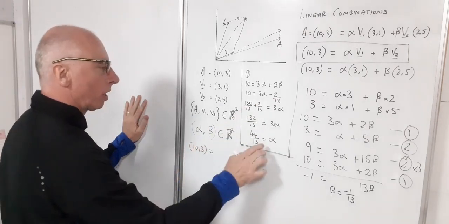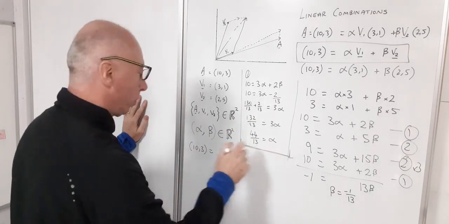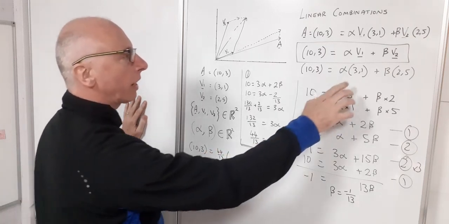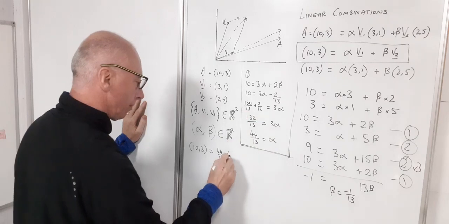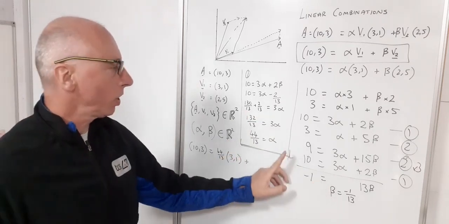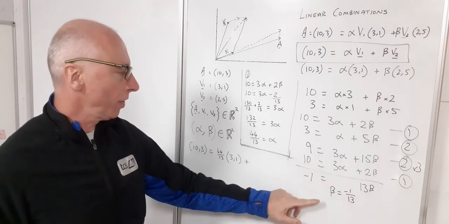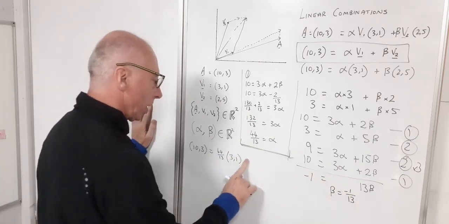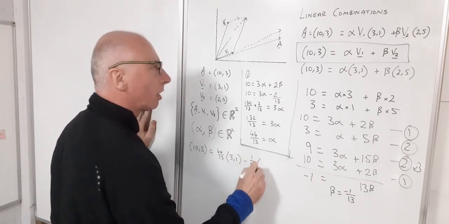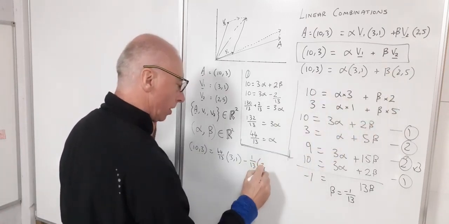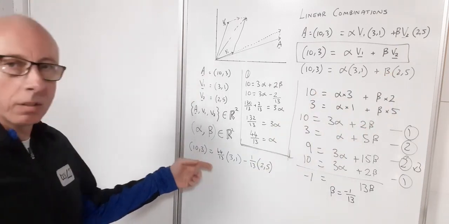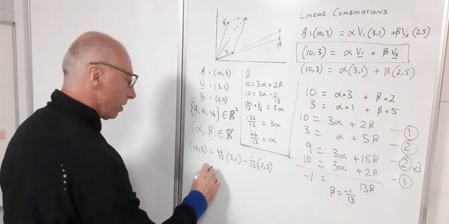That equals alpha, which is 44 over 13, times my vector v1, which is 3, 1, plus my beta, which is minus 1 over 13. So I can change this to a minus 1 over 13 times 2, 5. Okay, right. Hopefully we will get this correct vector on this side.